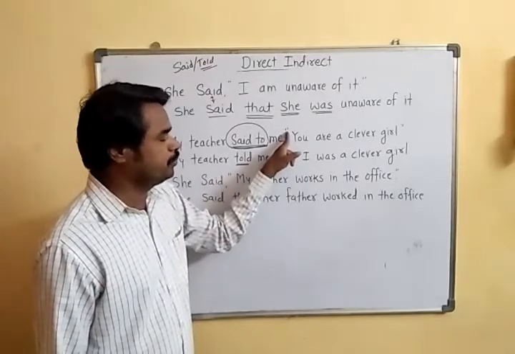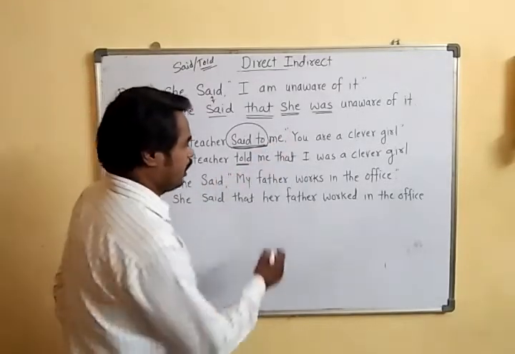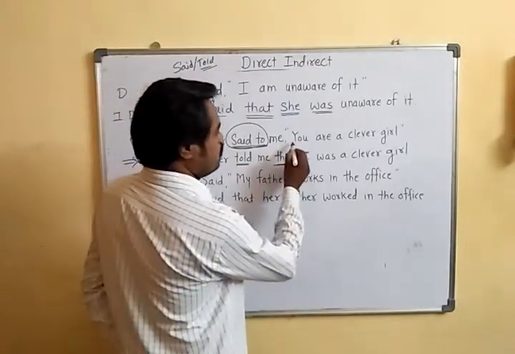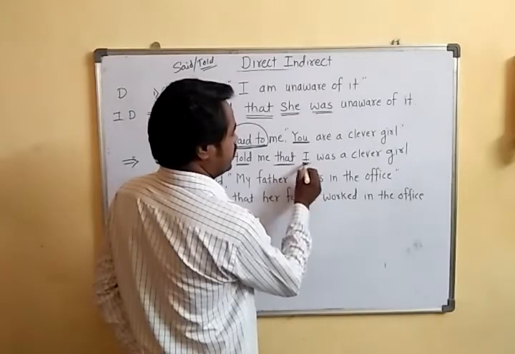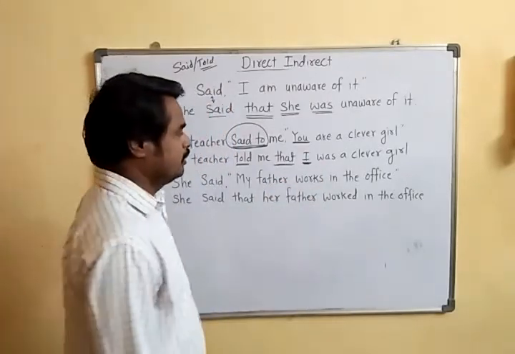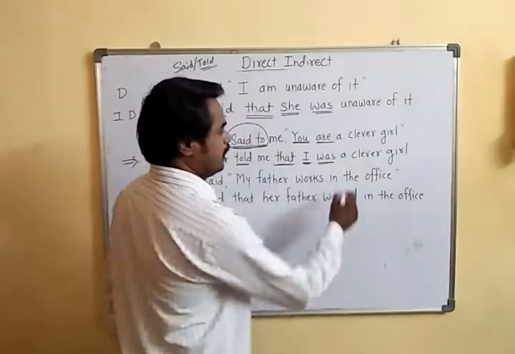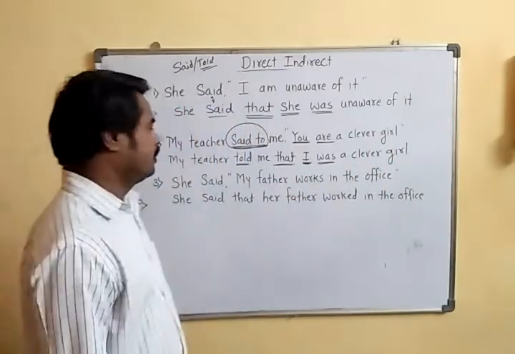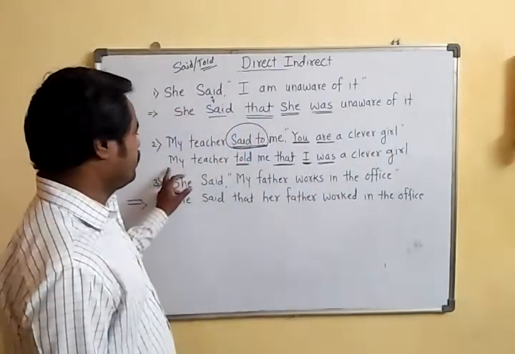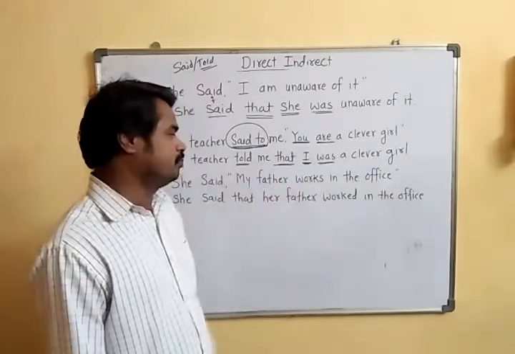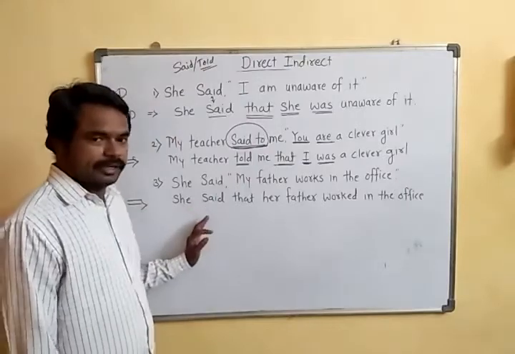After that we have to remove this comma and inverted comma and we have to use that. This pronoun you will be changed into I. This are, which is in the present, will become was. The remaining sentence will be the same. How is the sentence changing? My teacher told me that I was a clever girl. Again, the last sentence.